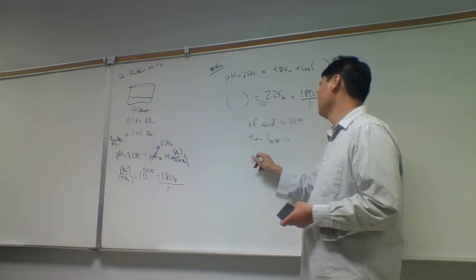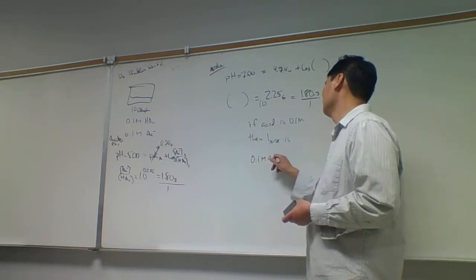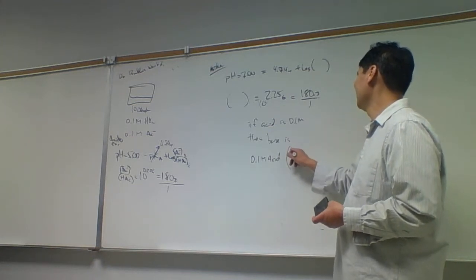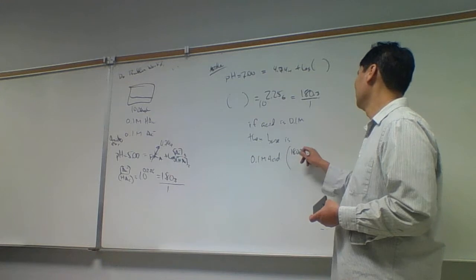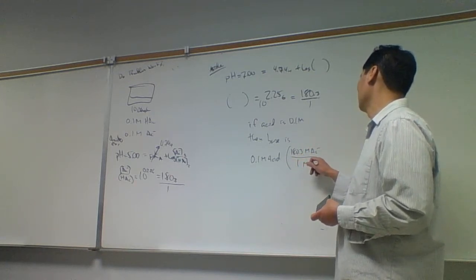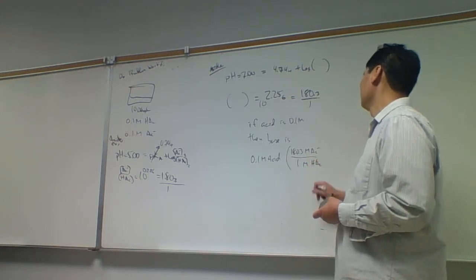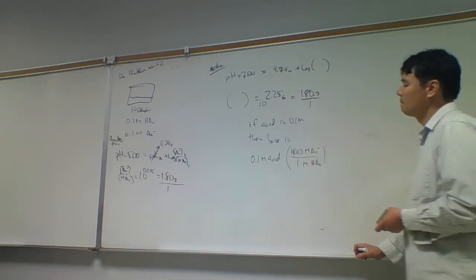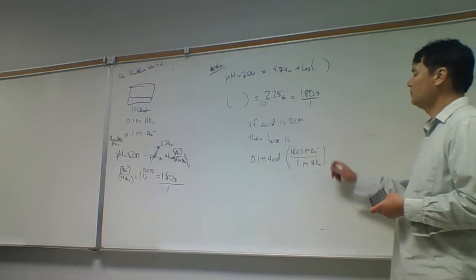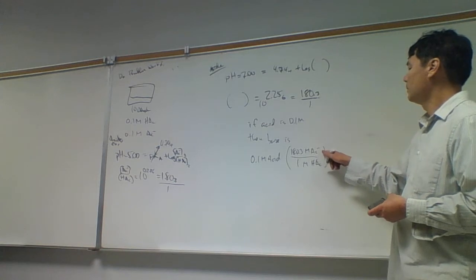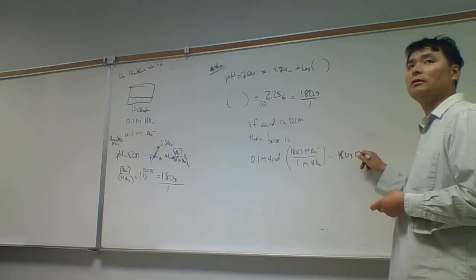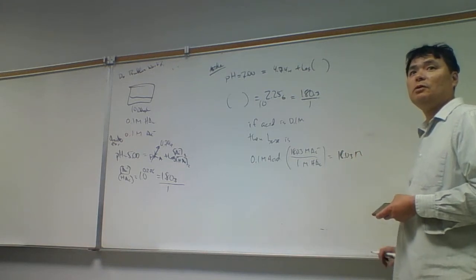So I have 0.1 molar acid, and then the ratio is going to be 180.3 molar base to every 1 molar acid. Then I have to make the base 18.03 molar.